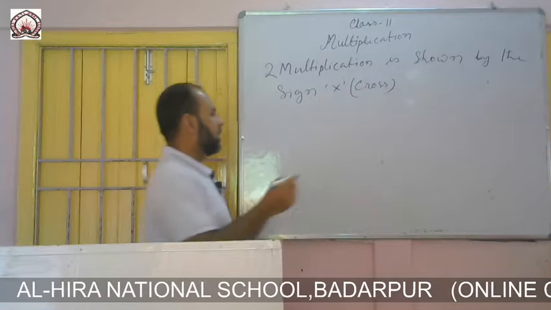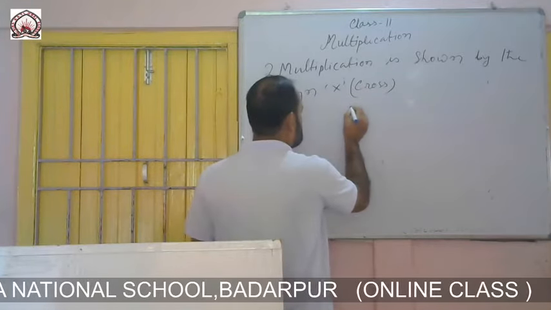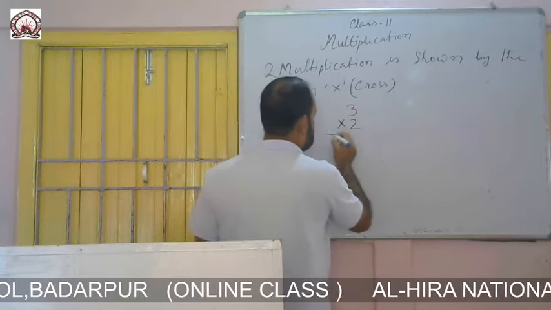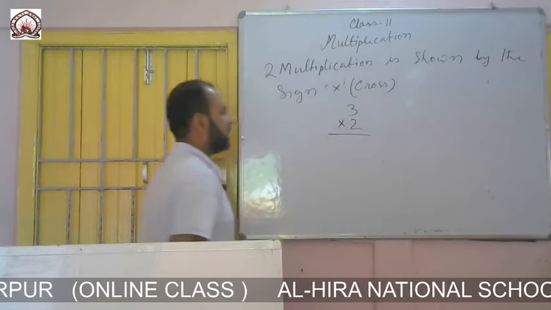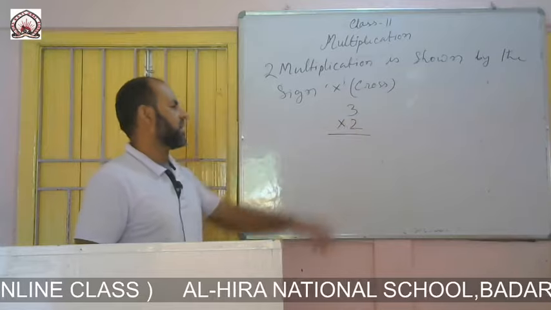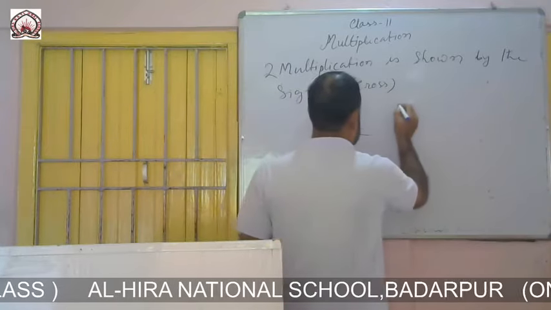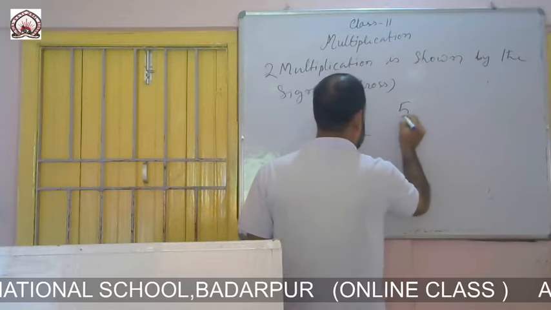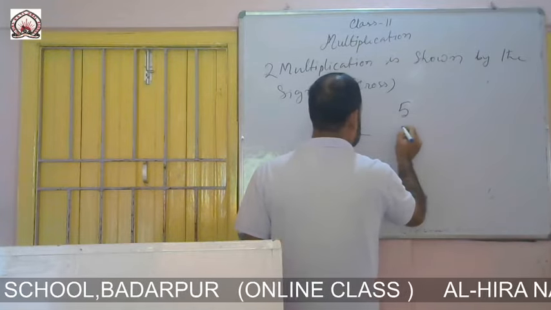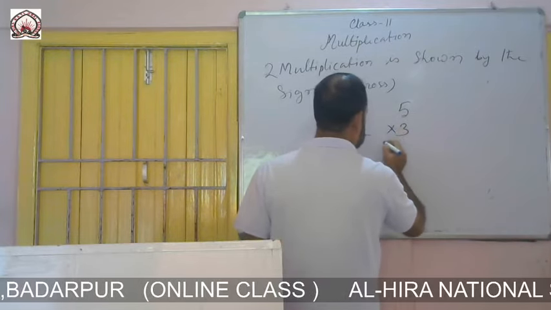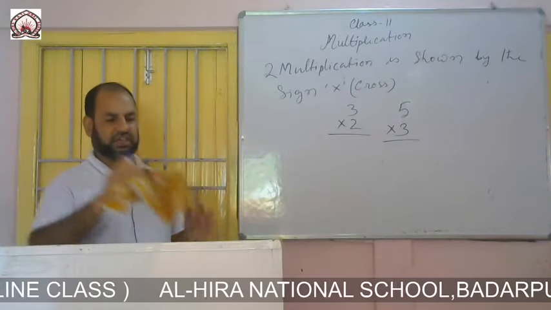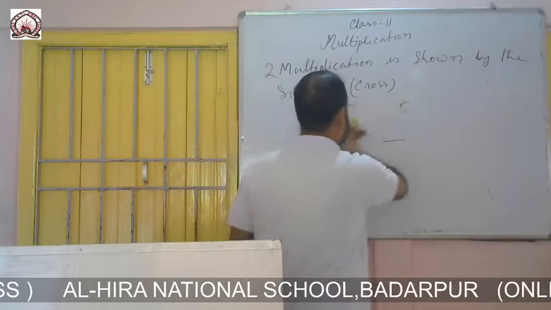For example, 3 cross 2. If we give cross there, then we understand we do multiplication. So 5 cross 3. If we give this cross sign, then we understand it is multiplication. Okay, next.